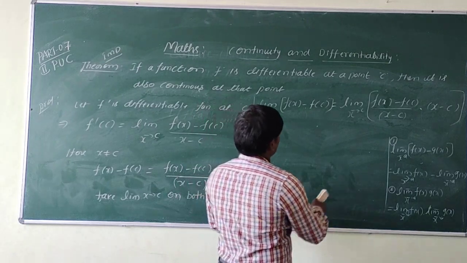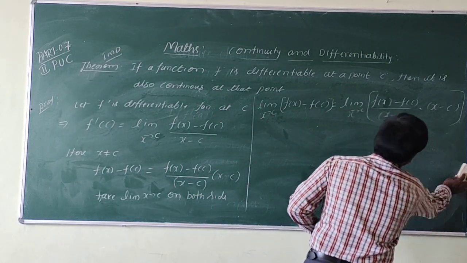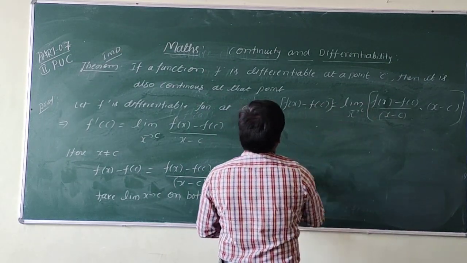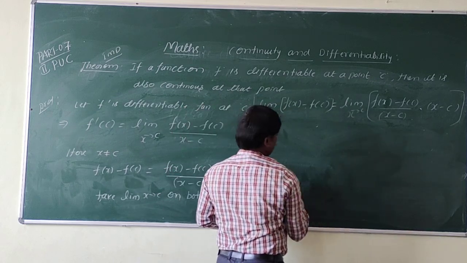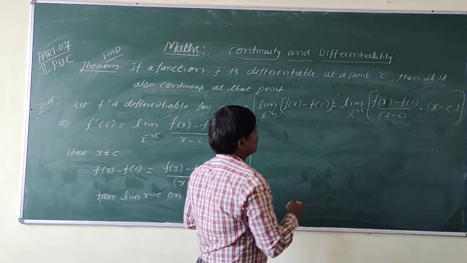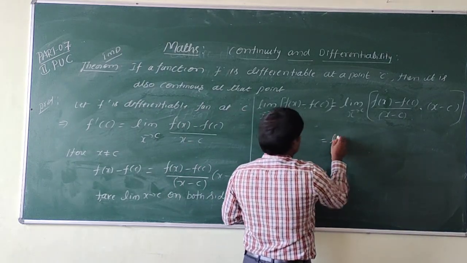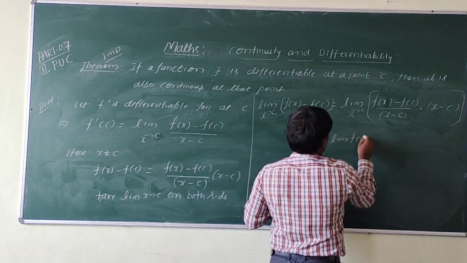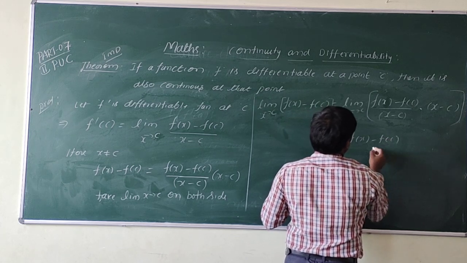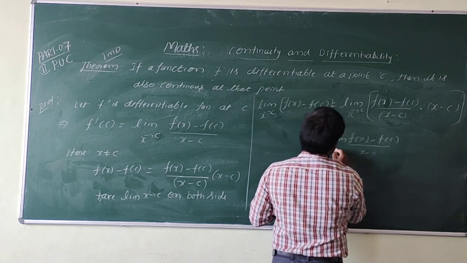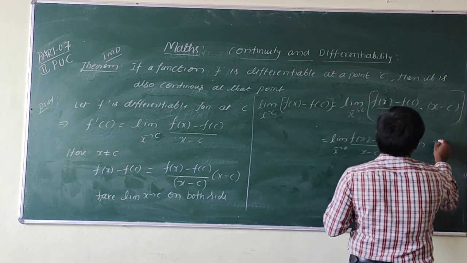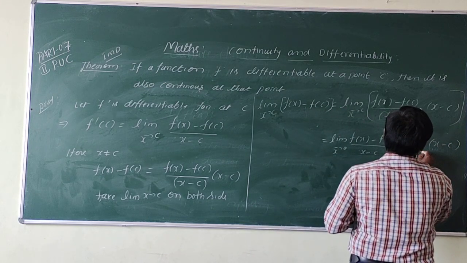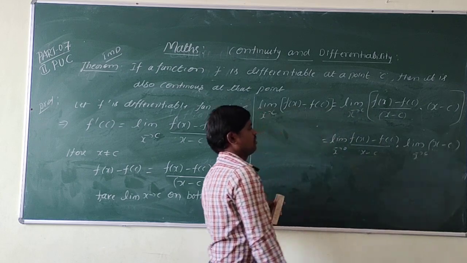So apply this property here. First I am taking the limit of f of x minus f of c divided by x minus c as x tends to c, into the limit of x minus c as x tends to c. The second property I am applying here.